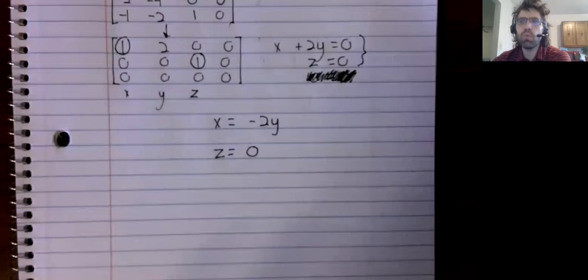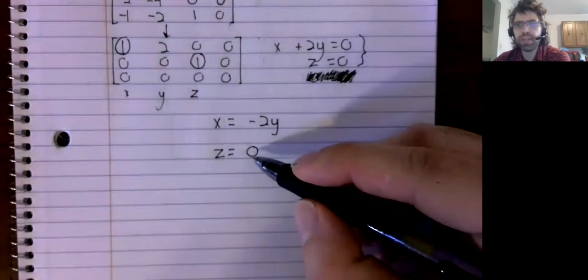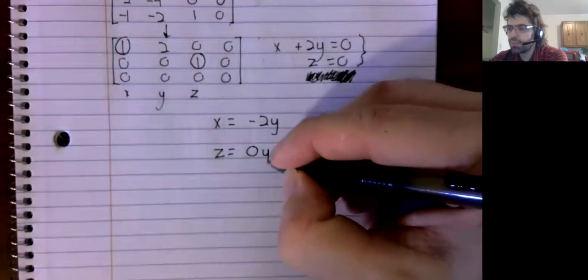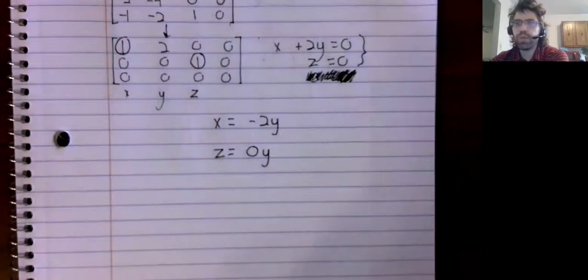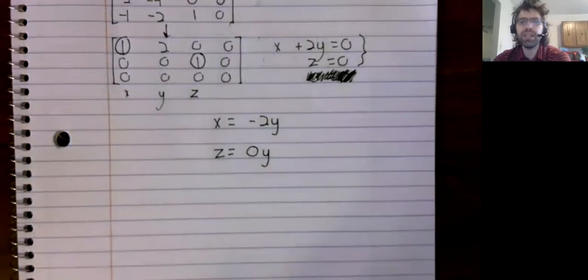And we'll see why we want that momentarily. Well, that's easy enough to do. We have a 0 here. Certainly, if we multiply 0 by y, we still get 0. We haven't changed anything.